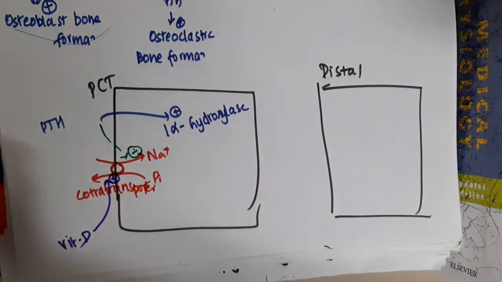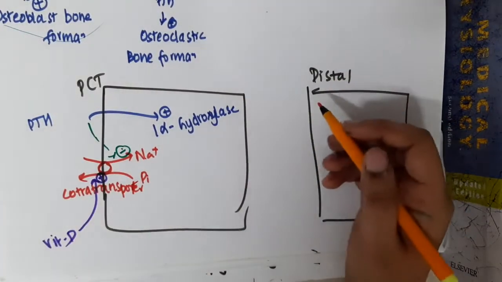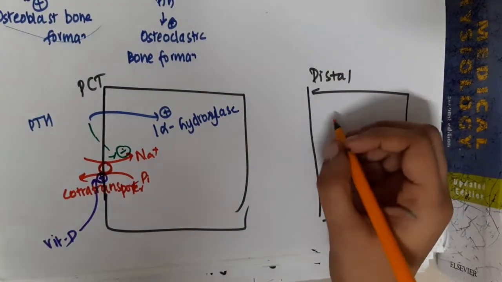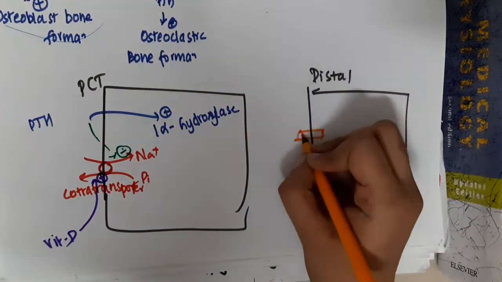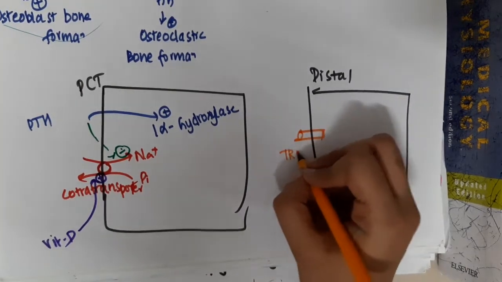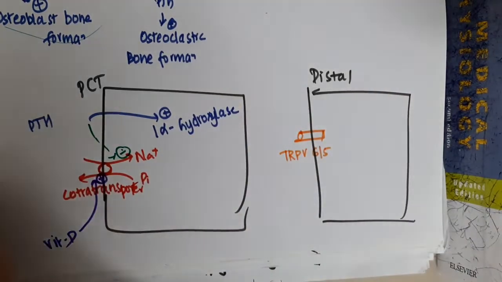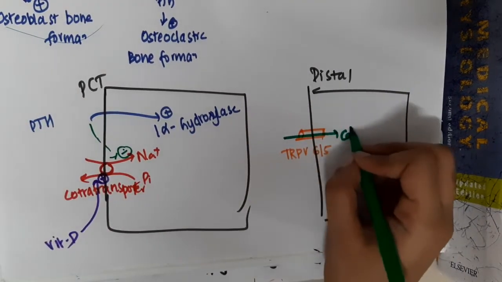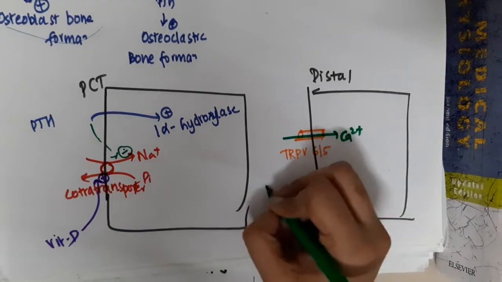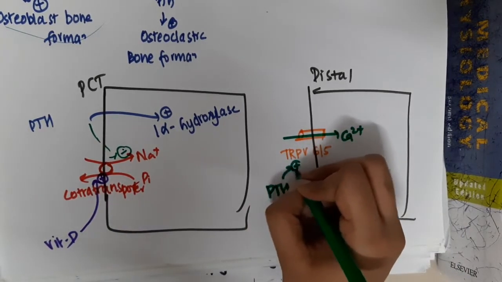Then if you see in the distal tubule, there will be a channel which is called TRPV6/5. Okay, through this channel, calcium will enter. Now parathormone will activate this channel.